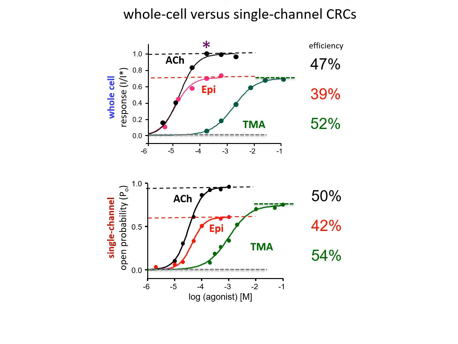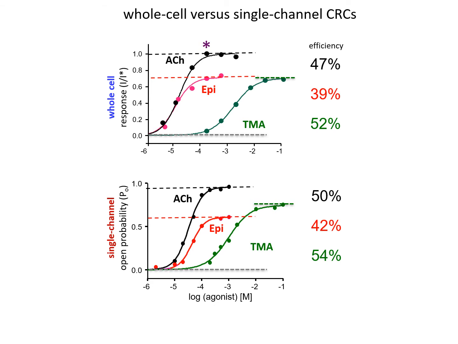In the top panel, the perfusion time was about 200 milliseconds, and there was some desensitization. These values are normalized to the star, the asterisk shown above at 300 micromolar ACh. All of the currents were normalized to that value. And there is some desensitization, as you can see. In the ACh figure, as you go to higher concentrations, the response gets smaller.